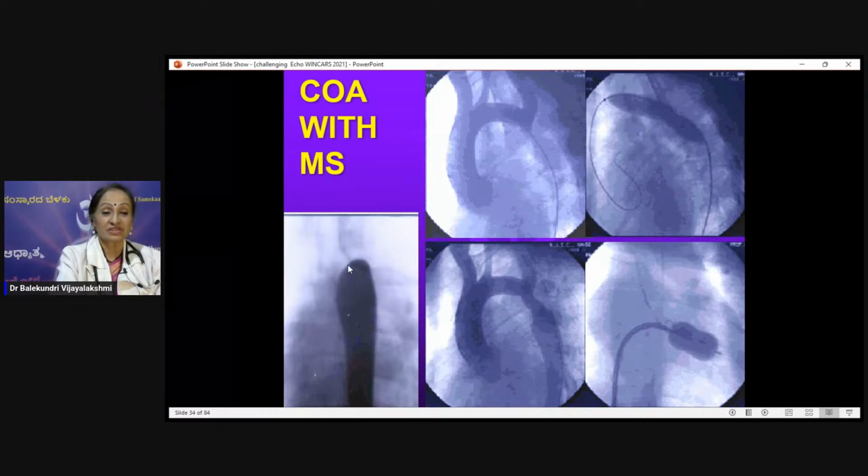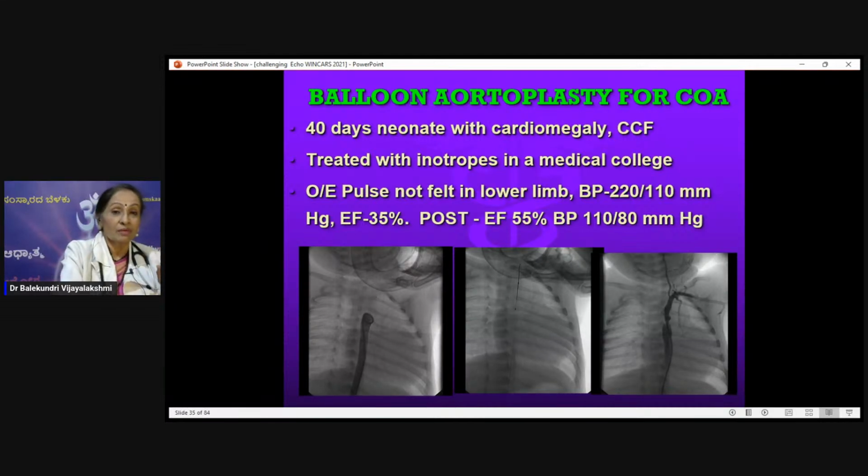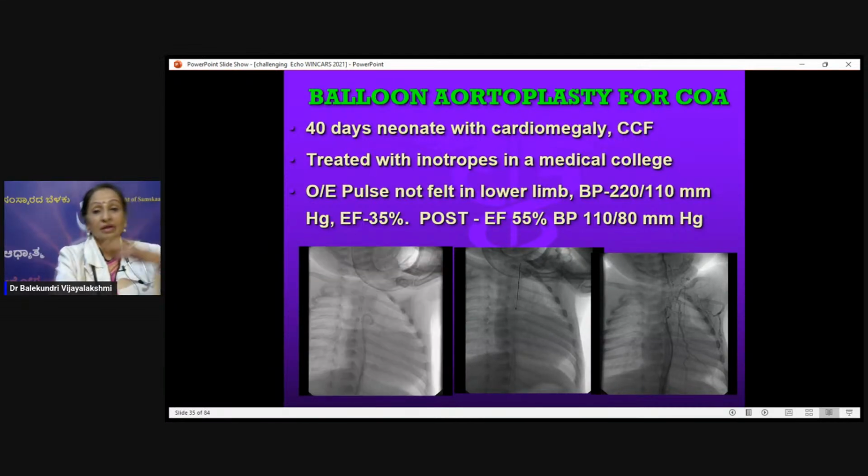So, as I guessed, the pulse was not there. This is how the coarctation was. And I crossed it with the guide wire, dilated with the balloon, got a good result. And then in the same sitting, we did the balloon dilatation of the mitral stenosis also. So remember, in our country, both the congenital and the acquired can exist in the same patient.